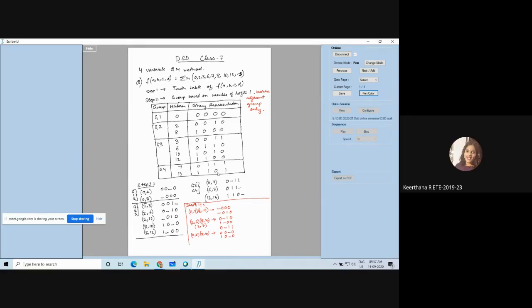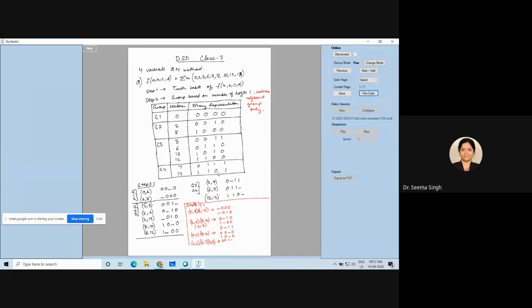Fourth place is 2, 3, 6, 7, 12, 13. And that will give me what all? 2, 3 is 0, 0, 1 dash.